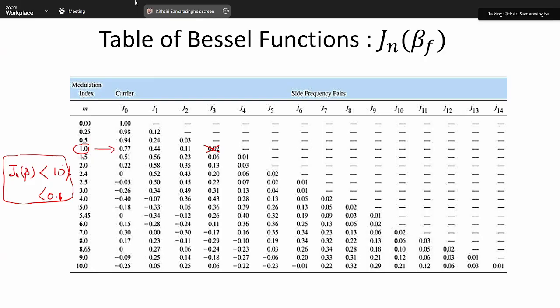For 1.5, another example, values 0.06, 0.01, you can remove. Here 0.03 you can remove. Likewise, remember, although the Bessel function chart has more values, for FM plotting we will neglect insignificant side frequencies. By definition, if the amplitude is less than 10%, we can neglect.